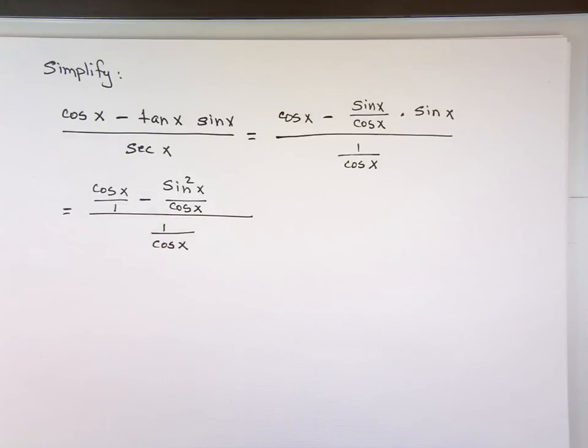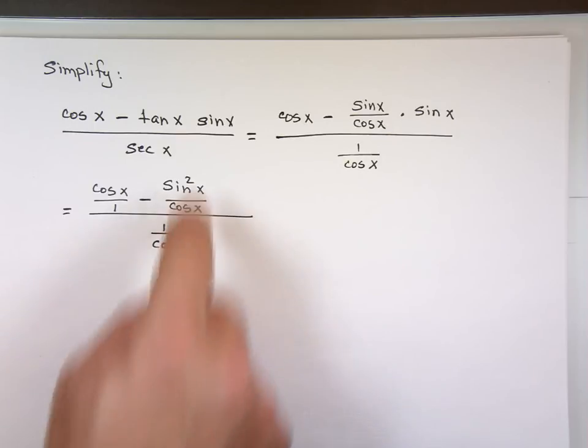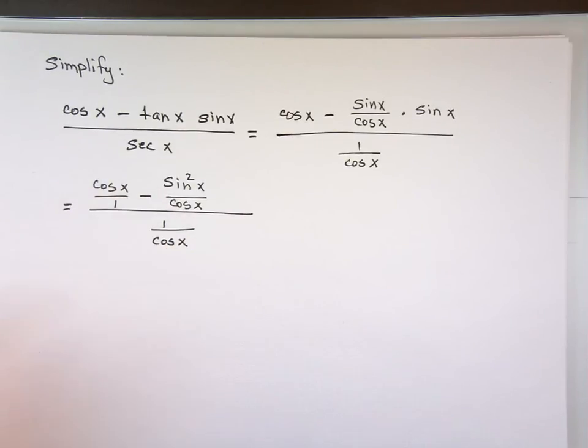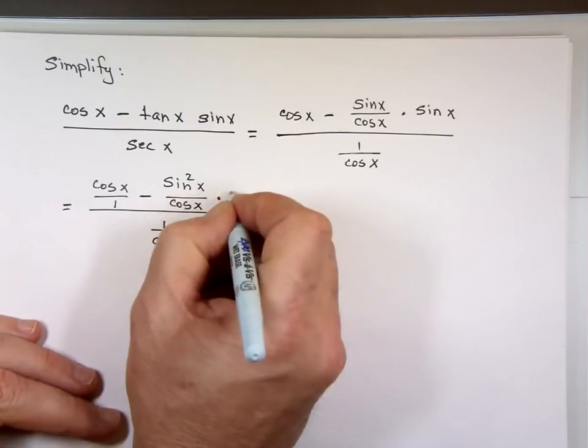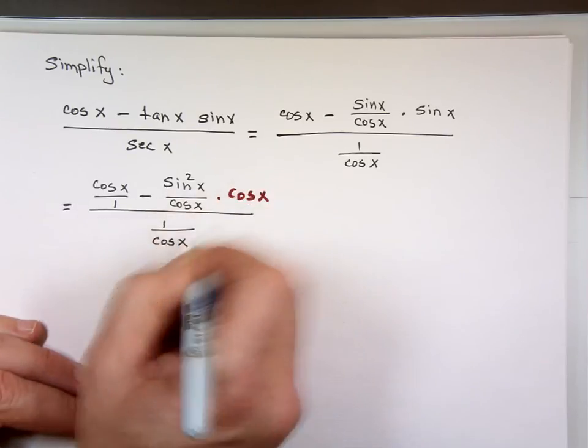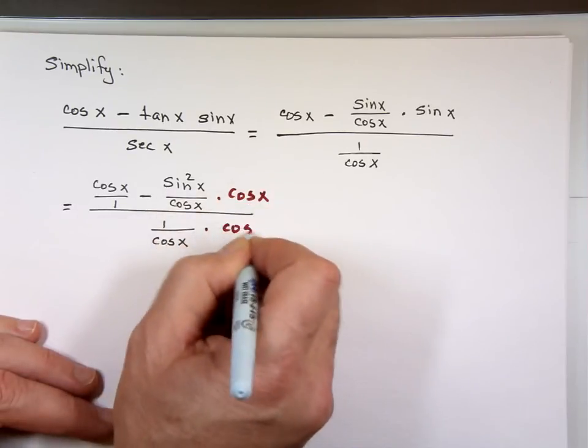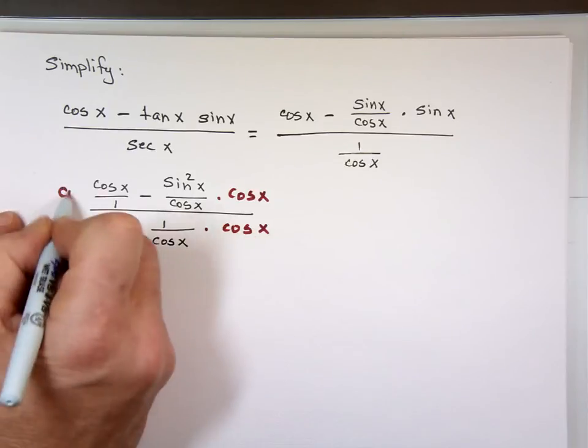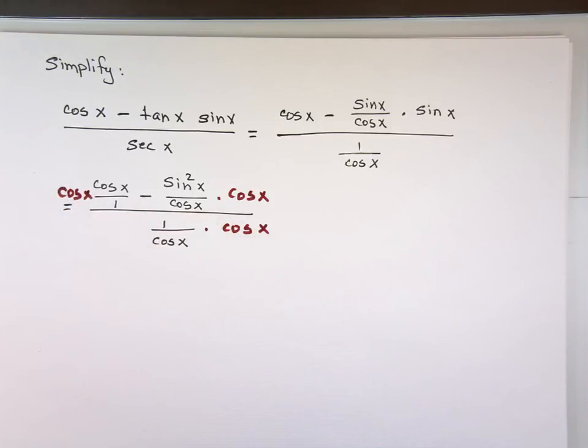Again, if you're going to add or subtract, you need an LCD. For a problem like this, you know what's the easiest way? To get rid of all the little fractions, multiply every term by the LCD. Let me multiply by cosine of x. Cosine times cosine, that will make it what?